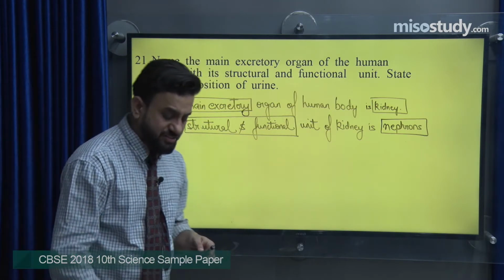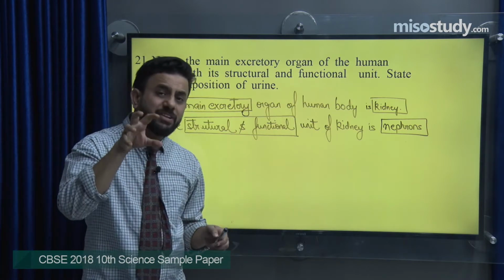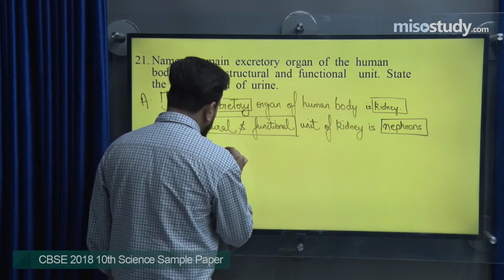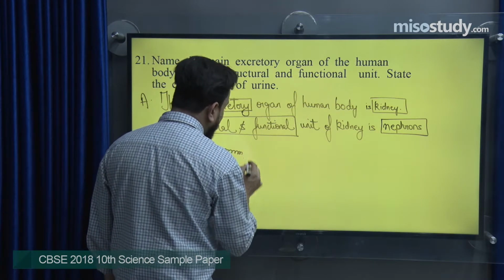Now these nephrons, okay, we will see what is the basic structure of a kidney. We will see the incoming arteriole, okay.